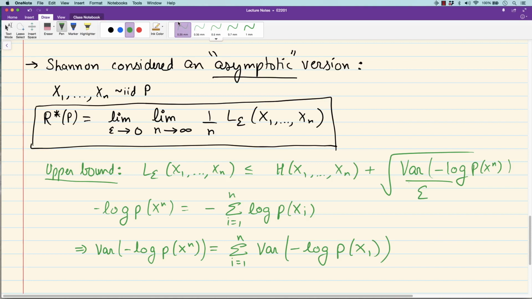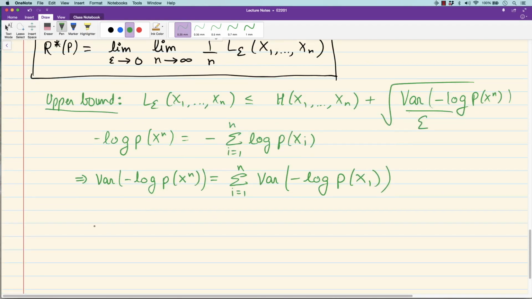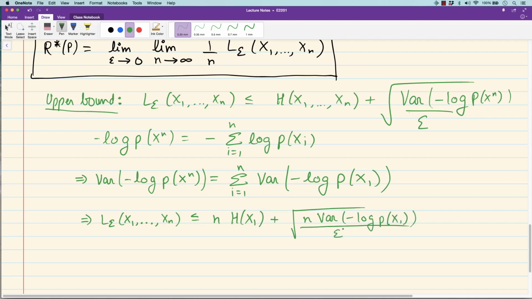Okay, so when I substitute this bound here, what I get is L epsilon x1 to xn is less than or equal to, so again x1 to xn are IID, therefore the entropy of x1 to xn is just n times the entropy of x1. This is the additivity property of entropy, plus the square root term. Okay, this is what we get when we divide by n and take the limit n going to infinity.